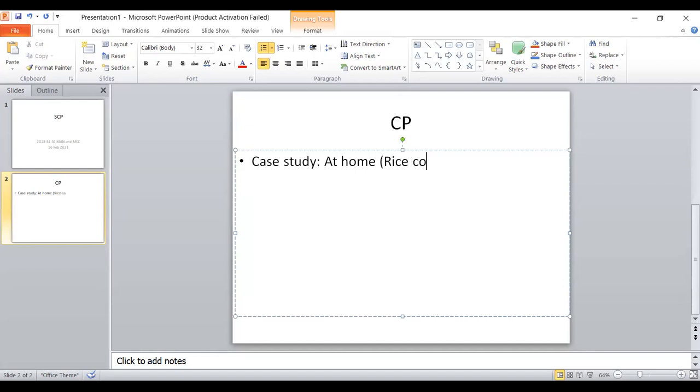Rice cooking at home. Is it a kind of production? Production.